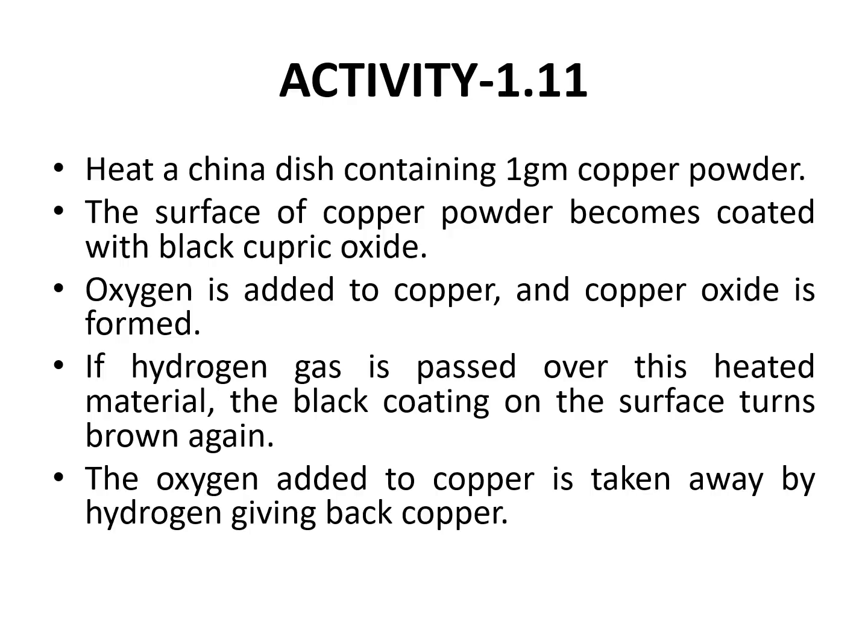In this case, oxygen is added to copper and copper oxide is formed. If hydrogen gas is passed over this heated copper oxide, the black coating on the surface turns brown again. What happens over here? The oxygen added to copper is taken away by hydrogen, giving back copper.